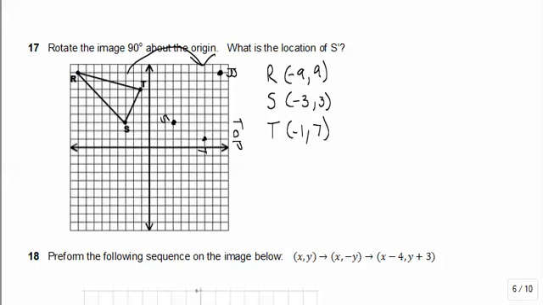And this is my new T. So my new triangle, R prime is at 9, 9. S prime is at 3, 3. And T prime is at 7, 1.